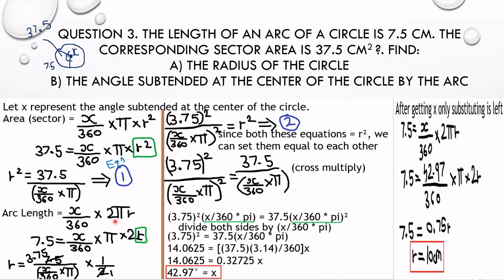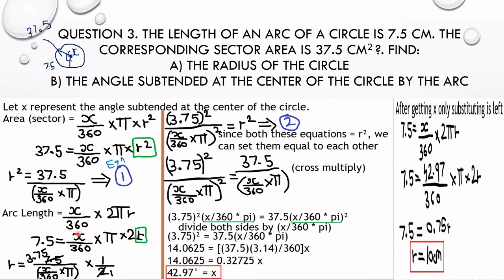So we'll now handle this. x upon 360 into 2 pi r. Simple formula. We have 7.5 equals x upon 360 into pi into 2r. We'll make r the subject, right? Because in the earlier equation we have r square, so r.